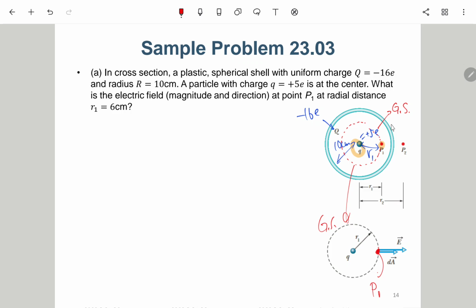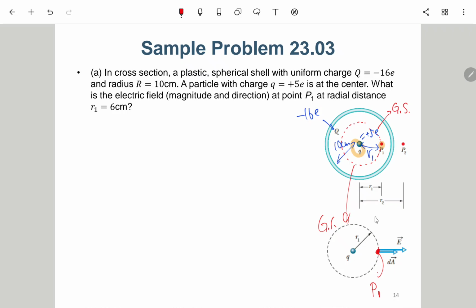And actually, this outside sphere is symmetrical, so we will assume the influence of the outside sphere on this surface is symmetry. And also this Q to this Gaussian surface is also symmetry.